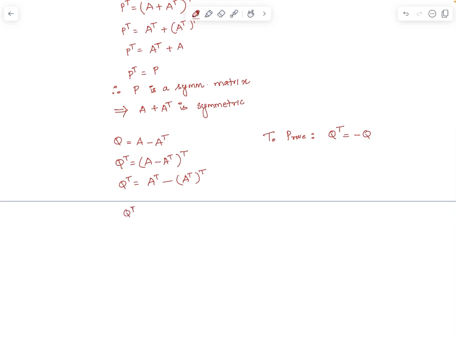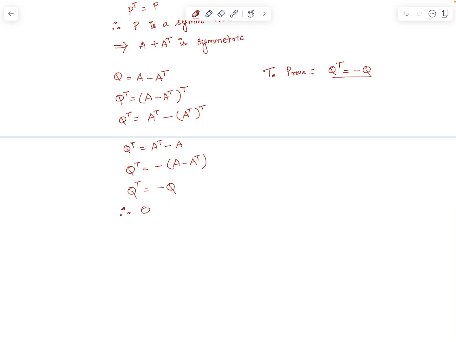Transpose of A transpose is A itself. Q transpose is, taking out the minus sign, we have (A minus A transpose) in the bracket, which is nothing but Q transpose is equal to minus Q. So we proved this.